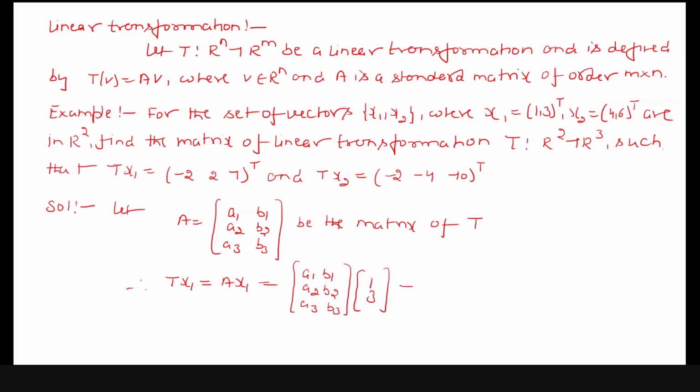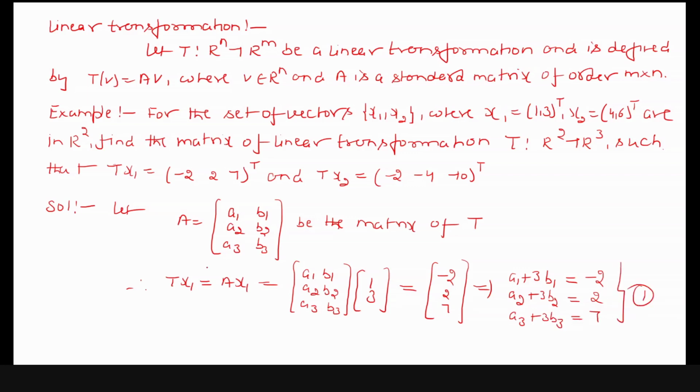It is given to you that T of x1 is equal to (-2, 2, 7) column vector. Now if you simplify this, what you will get: a1 plus 3 times b1 is equal to -2, and a2 plus 3 times b2 is equal to 2, a3 plus 3 times b3 is equal to 7. Okay, so you will get this system of equations from this.